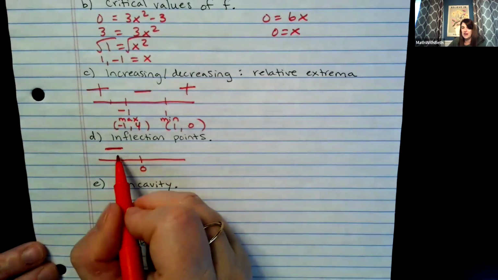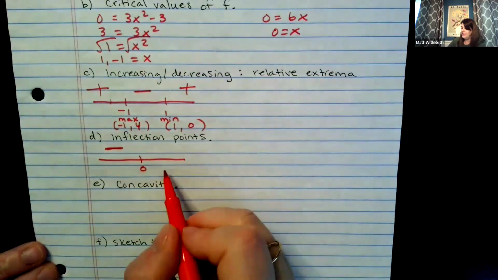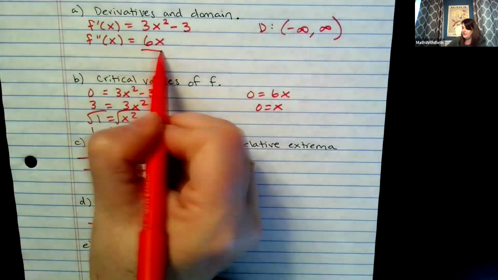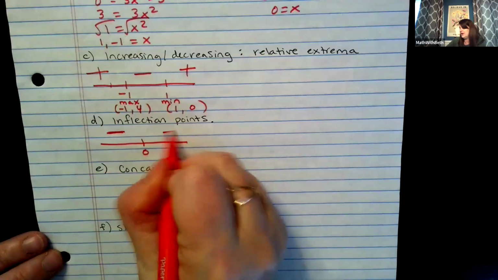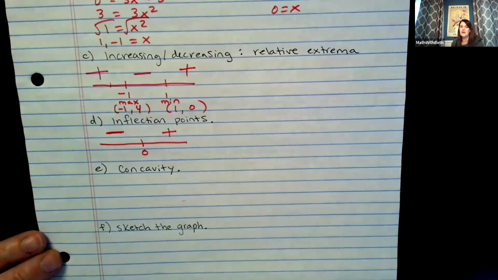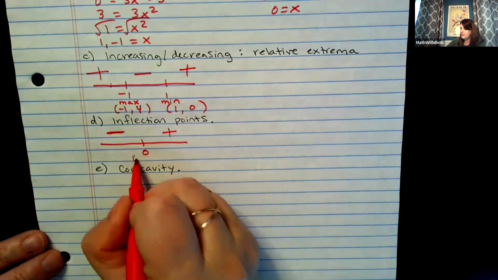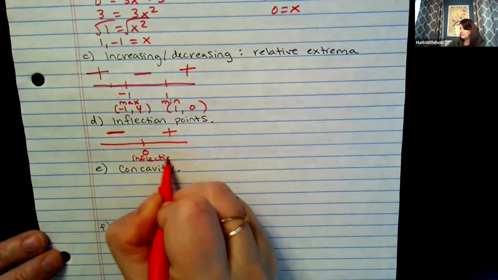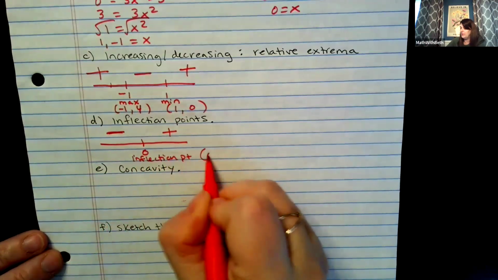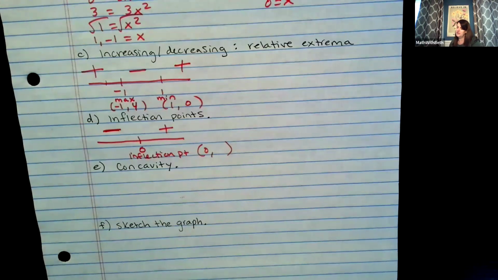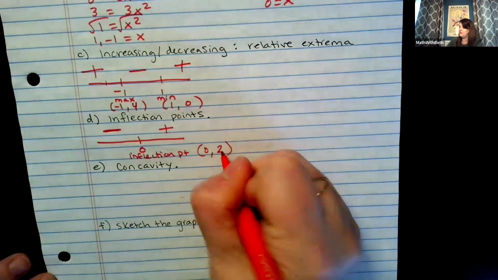So it is concave down here. And plugging in +1 back up here to the second derivative would give me a positive. So concave down, concave up. This is an inflection point. And I'm going to plug 0 into the original equation to see what the y value would be, 2.